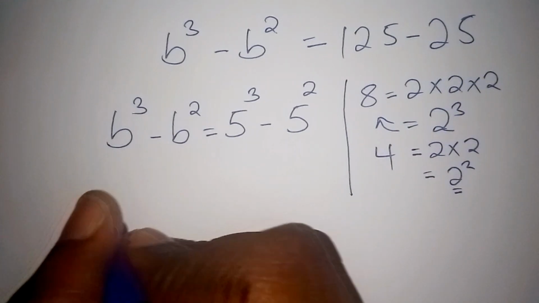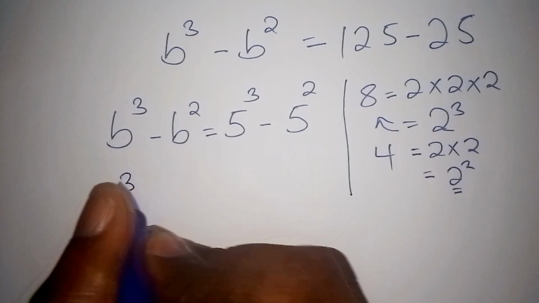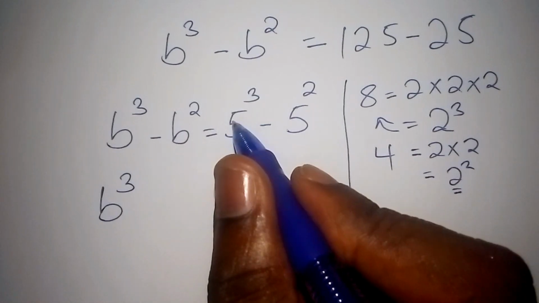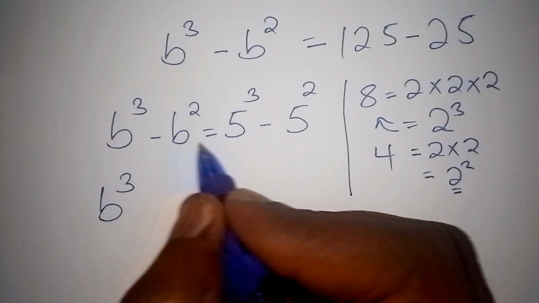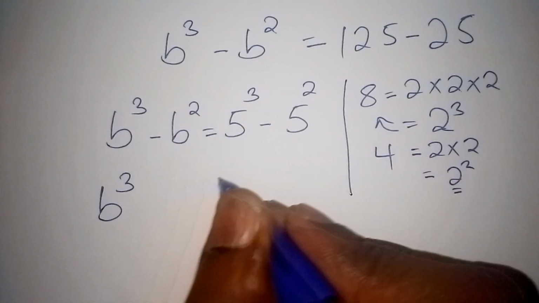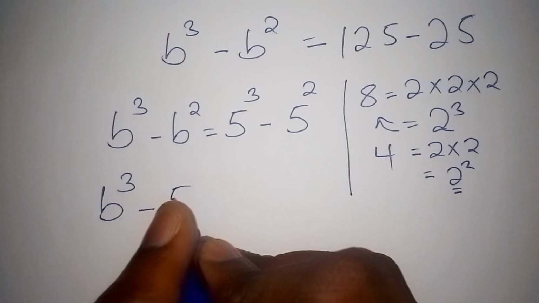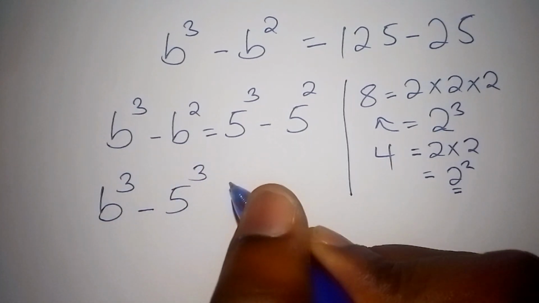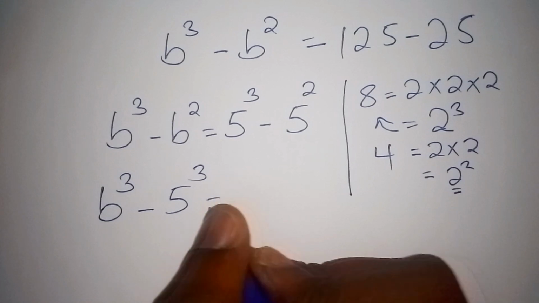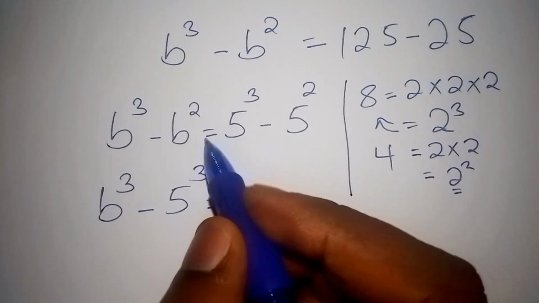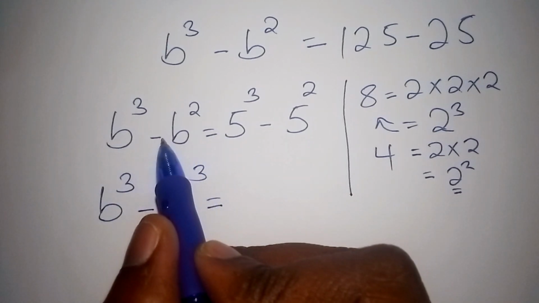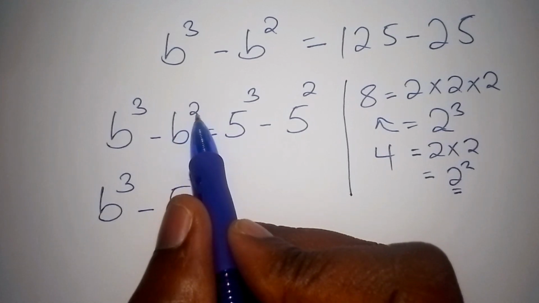So we shall have b cubed, then bring this 5 cubed across the equal sign. Since it's positive, it shall be minus 5 cubed, equal to, here we have minus b squared.